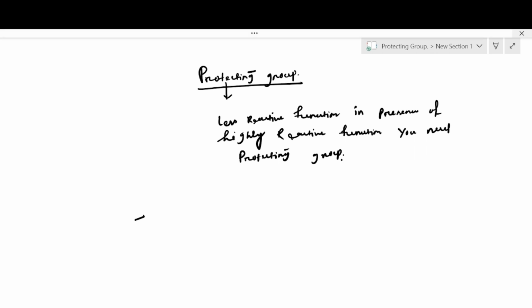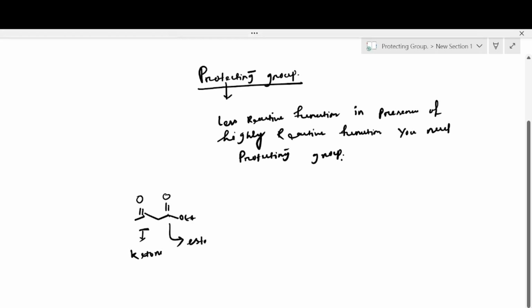If a substrate contains these two functional groups, what are they? It is known as a ketone and this one is an ester. If someone wants to reduce the ester in the presence of the ketone, what do we need? We need to protect the ketone group. So what is the order of reactivity?